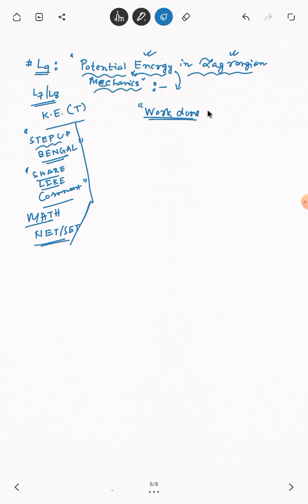How does it happen? If we recall a very famous equation of motion that is called EOM, that is simple harmonic motion, then we all know that its equation of motion is x double dot equal to minus k into x.